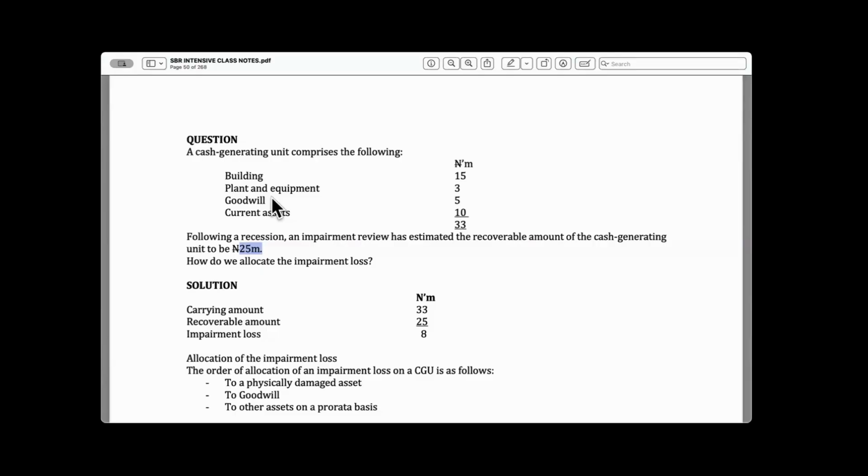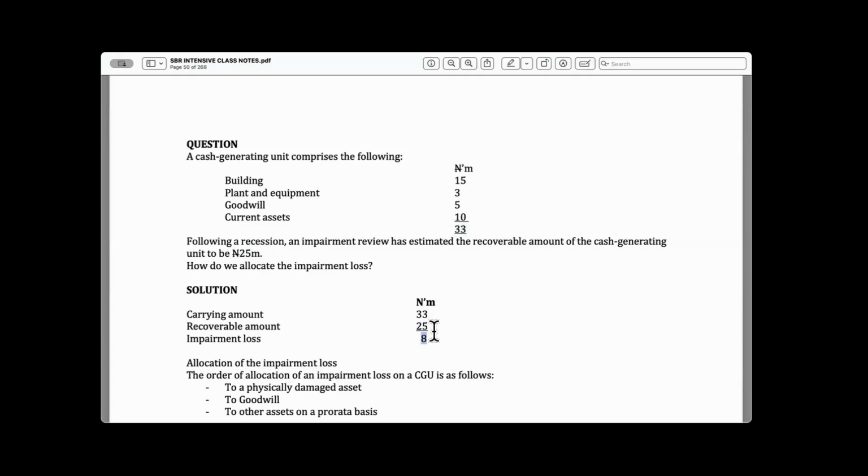The key highlight is that we can easily determine our impairment loss for the entire unit. Because now we know that their carrying amount is 33 million and their recoverable amount is 25 million. So the impairment loss, therefore, is 8 million.